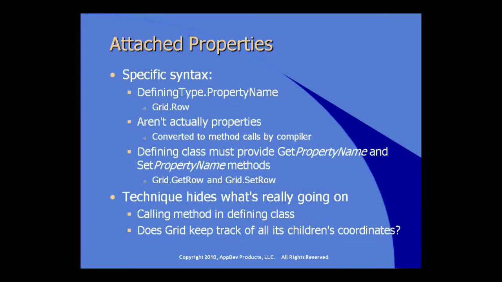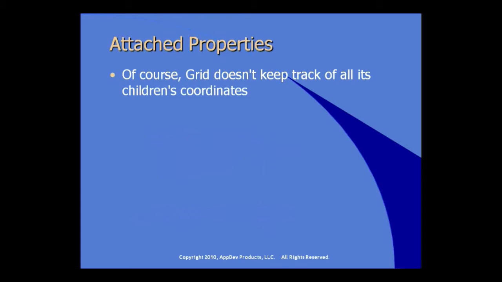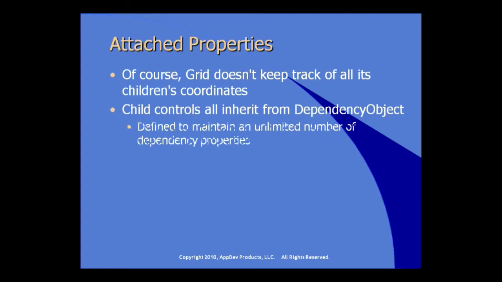Does the grid keep track of all of its children's coordinates? Of course, the grid doesn't have any data structure that keeps track of all of the children's coordinates. That'd be silly. The child controls all inherit from DependencyObject. I'm getting to the point here, really. All of the controls that you can place in the grid or any other container all inherit from DependencyObject. And this class is defined to maintain an unlimited number of dependency properties. The DependencyObject class has a data structure which maintains properties for every class that inherits from it.